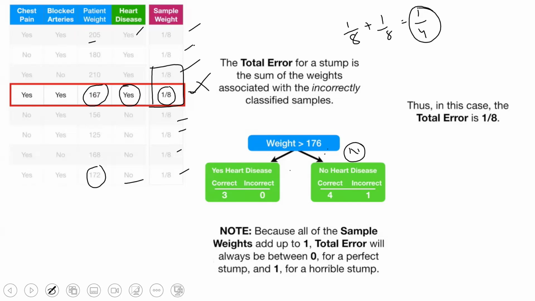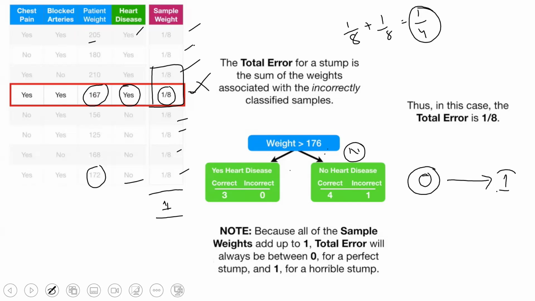Now, one thing to understand here is that the total weight of all the records is equal to 1. So the total error can be between 0 and 1. If the total error is 0, that means the stump has done perfect classification.